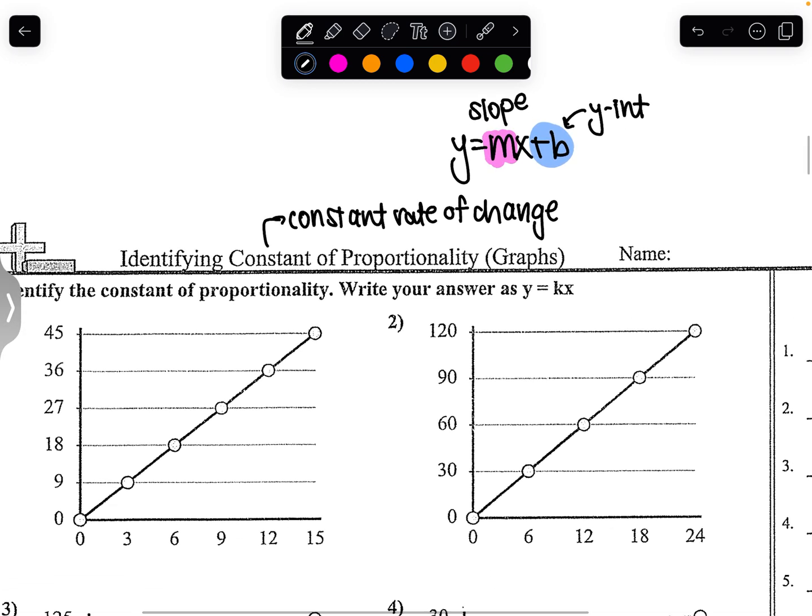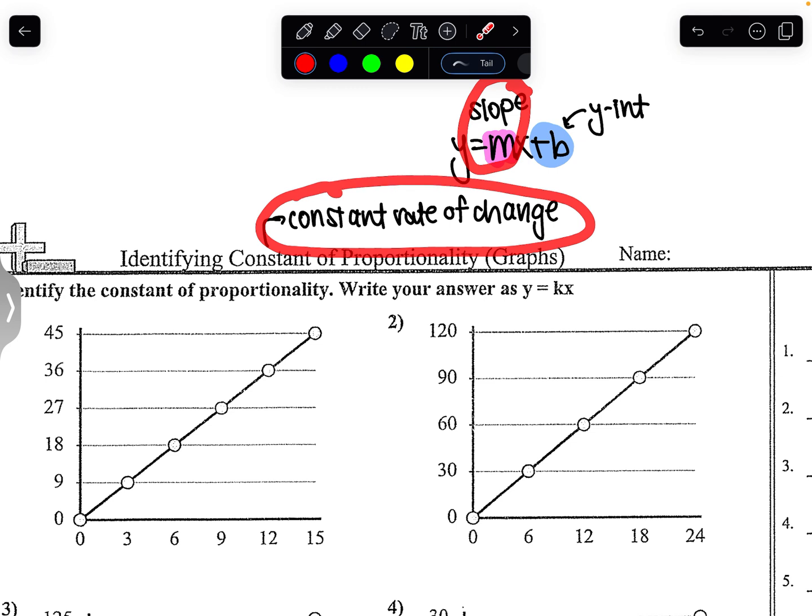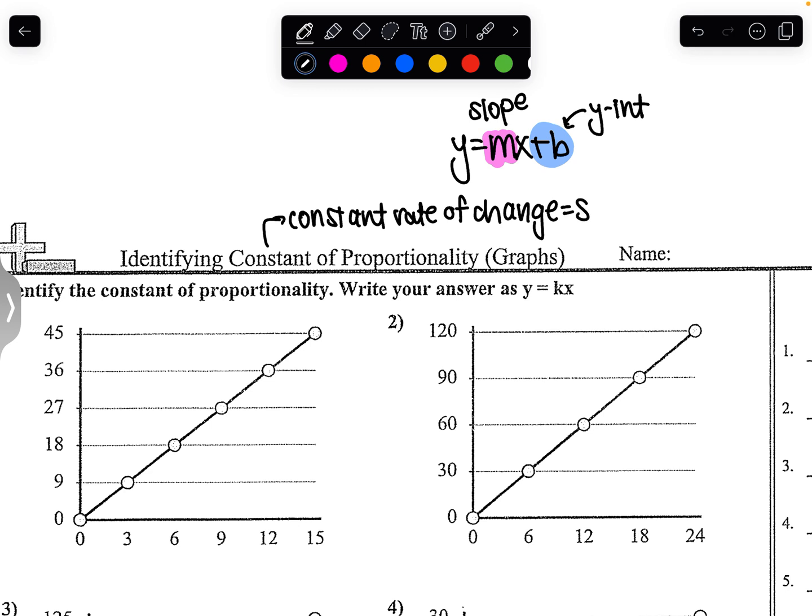And so here in these proportional relationships, we have a constant rate of change, aka a slope, right? The constant rate of change is telling me it's rising and running by the same thing every time. So these two things are equal. The constant of proportionality is basically asking you what's the slope.